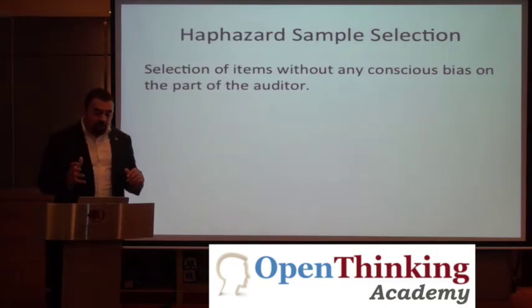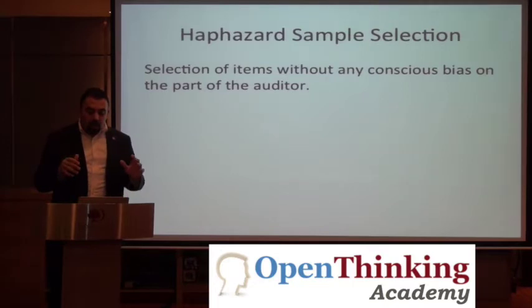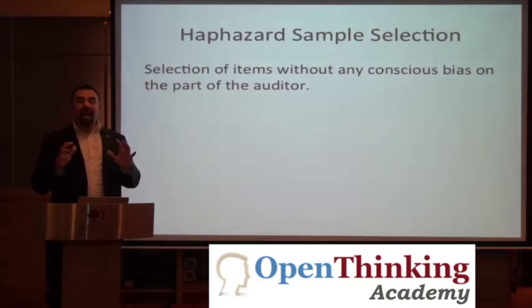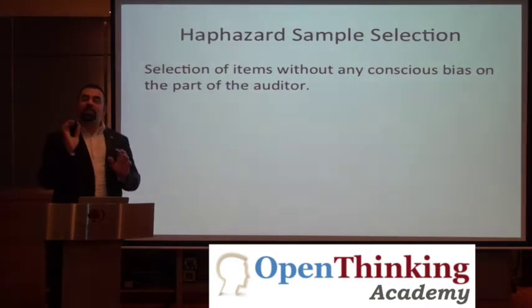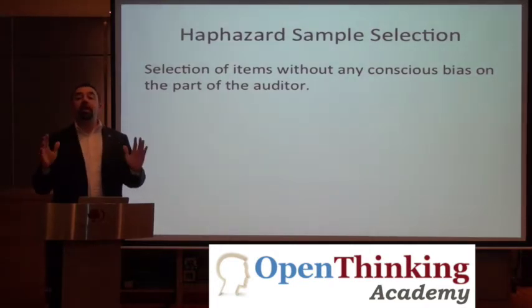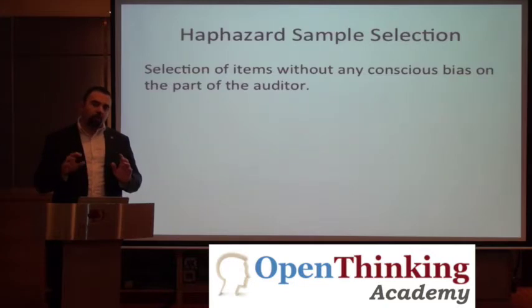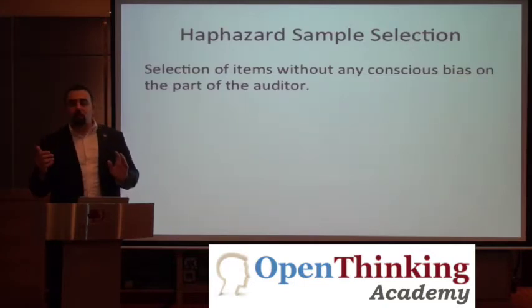Finally, we can use something called haphazard sample selection, which is selection of an item without any conclusive biases on the part of the auditor. So for you as an auditor, if you don't have a real understanding, but you are interested in ensuring that the hiring process is done in the right way, you are not interested in the hiring process 2 years ago, you are interested in the hiring process in the last couple of months.